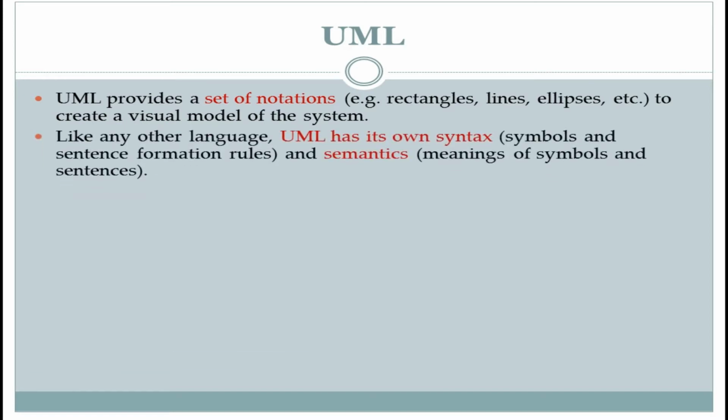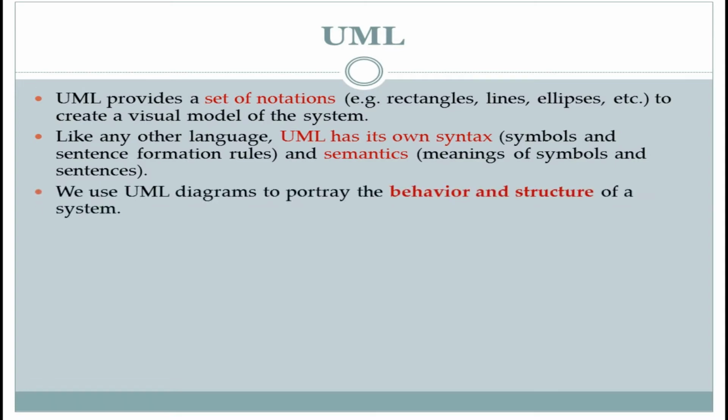Like any other language, UML has its own syntax and semantics. As you are aware, syntax is the symbols and the sentence formation rules governed by that language, whereas semantics is the meaning of the symbols and those sentences governed by that language.